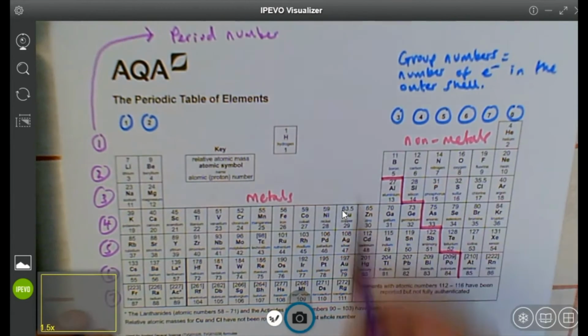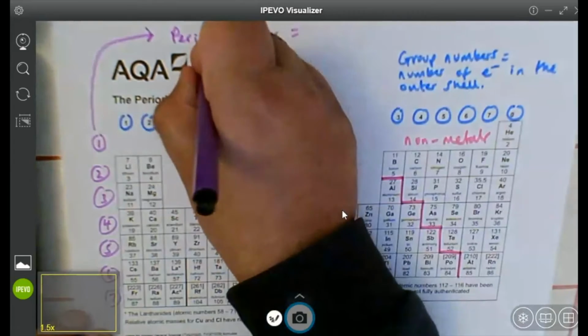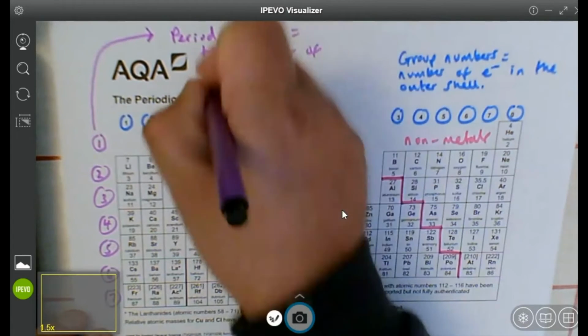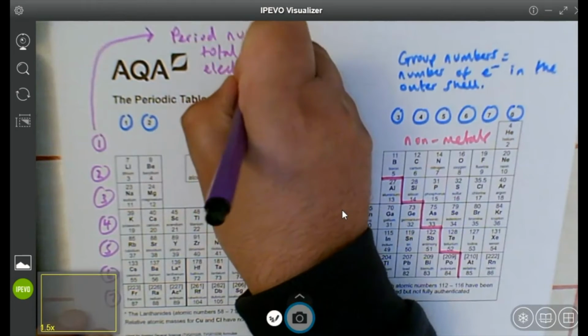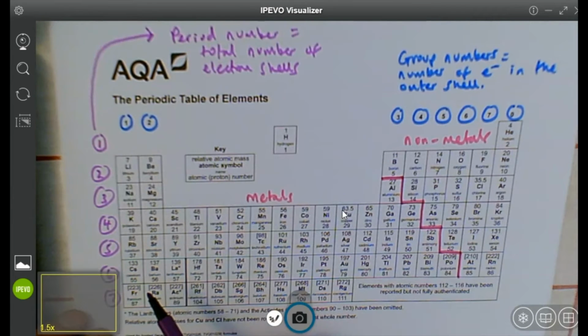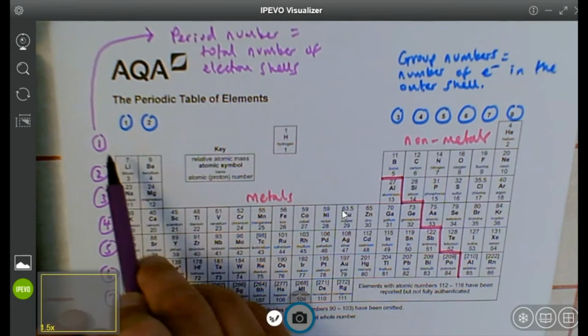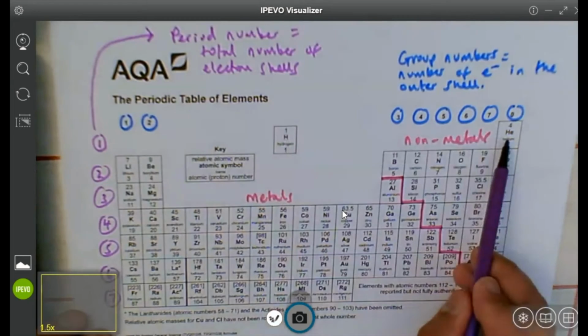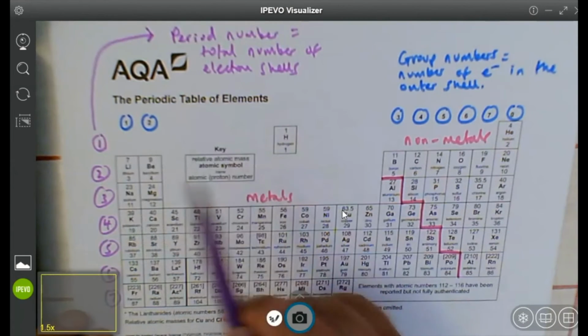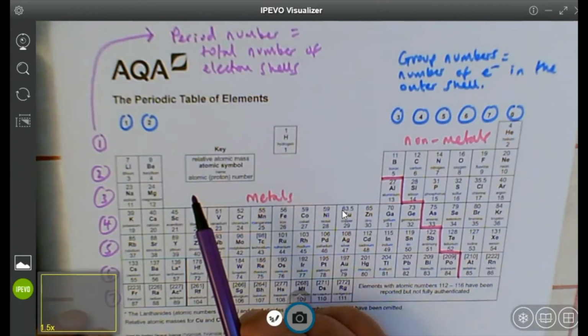Now, the period number tells us the total number of electron shells. That's why it's really important. If we look at period 1, where you've got hydrogen and helium, they've only got 1 electron shell, that very first electron shell, which can have 2 electrons in it.